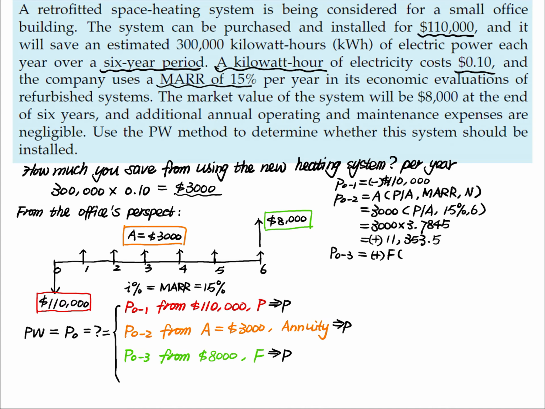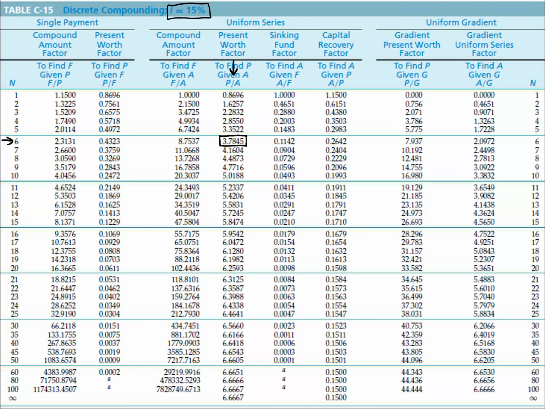And part 3 is positive. And the equation is to find P given F. So it's F times the factor (P/F, MARR, N). So it's positive. F is 8,000. And the factor is (P/F, 15%, 6).